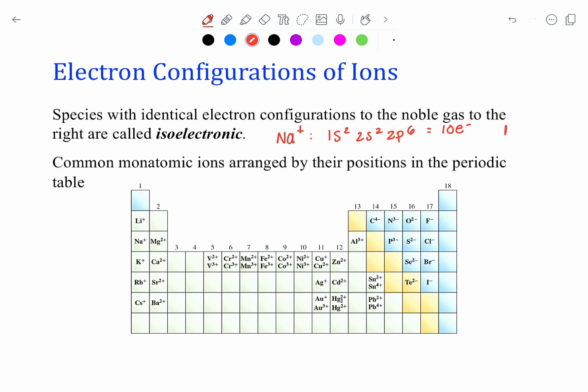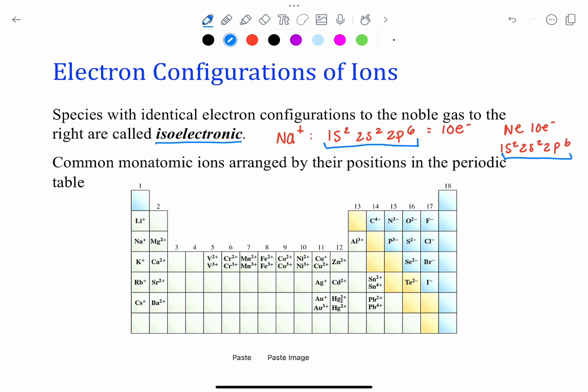Well, neon does. Neon has 10 electrons, and it has an electron configuration of 1s2, 2s2, 2p6. Because these have the same electron configuration, they are considered isoelectronic. They have the same number of electrons in the same electron configuration, because electrons are just numbers that we add in. So if they have the same number of electrons, they have the same electron configuration.